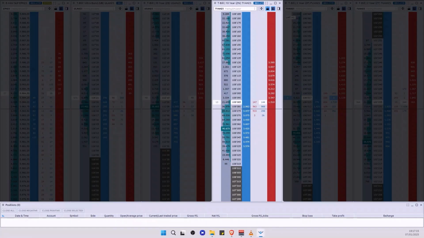Now, before we play the video, I will explain some of the theoretical part. If we look at the price ladder, we can see that we have a volume profile here, and another volume profile here.